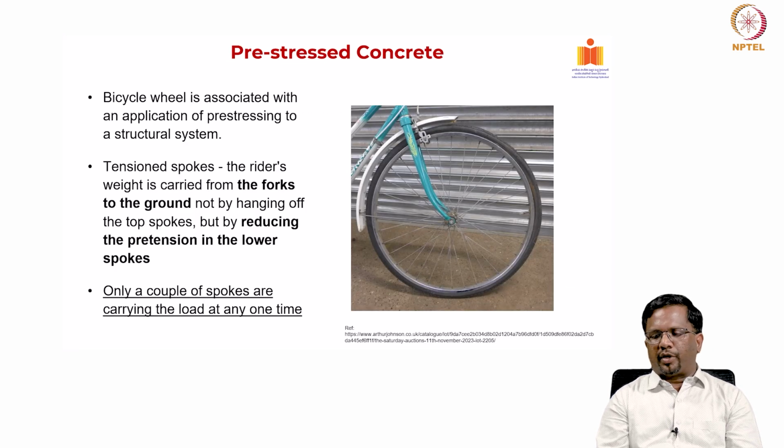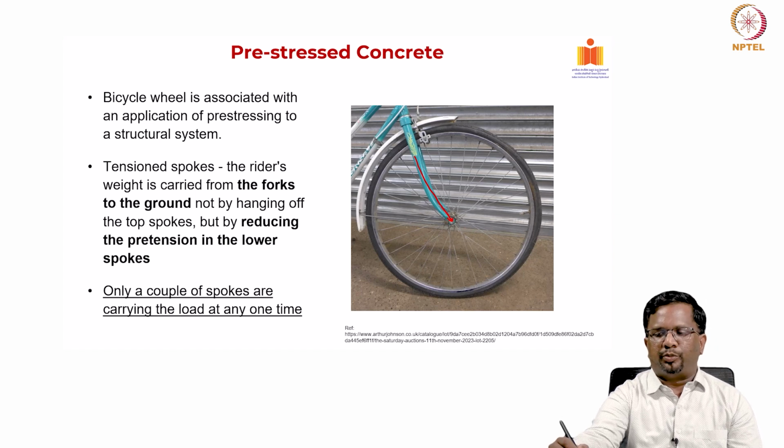Okay. Now, another important application: all of us have used bicycles, right, and the bicycle wheel is actually associated with the application of pre-stressing. You can see here that the load comes to this through the fork. We know that steel is exactly the opposite of concrete.